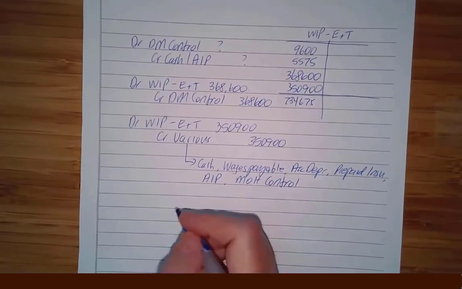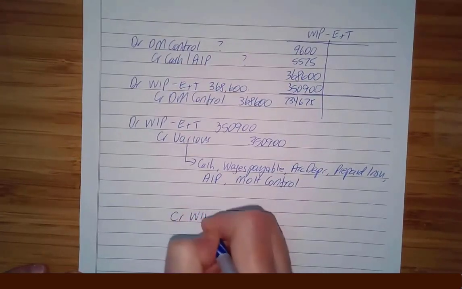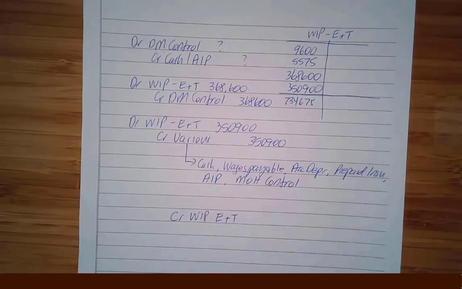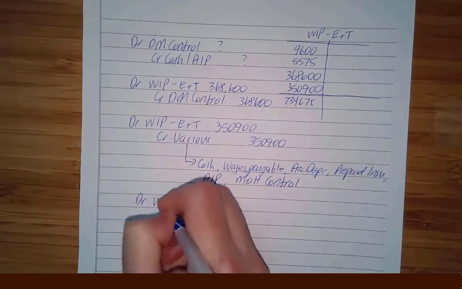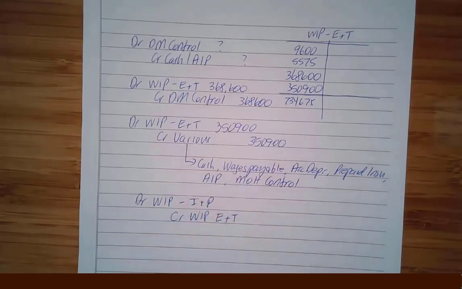Instead, I have to take them out of the work in progress E&T, and I have to put them in the work in progress for the inspection packaging. So this is called transferred in costs, which I'm going to cover in a totally different set of videos.